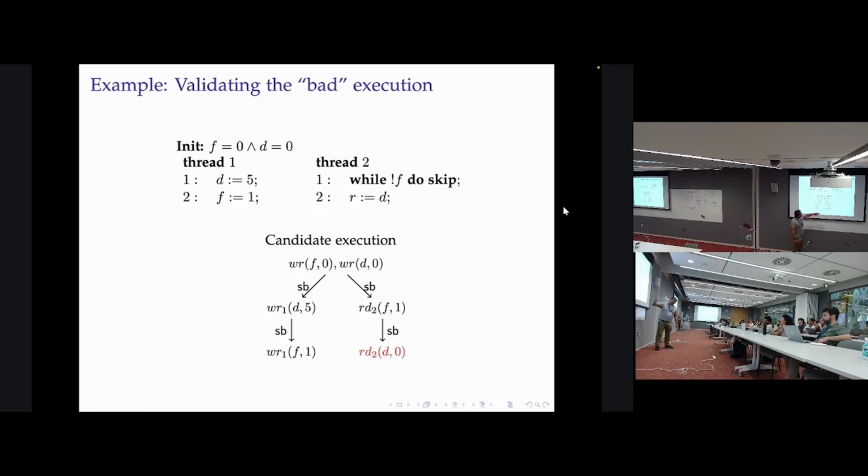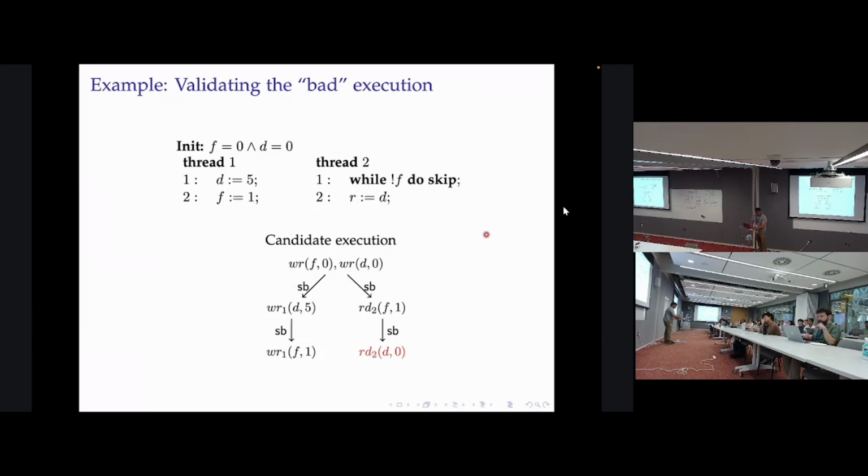In the previous version, we had something along the lines of: if you read f to be 1, you guarantee that d is also 5. It was in a slightly different setting. Remember we had this implication, the implication from before that was on the board.